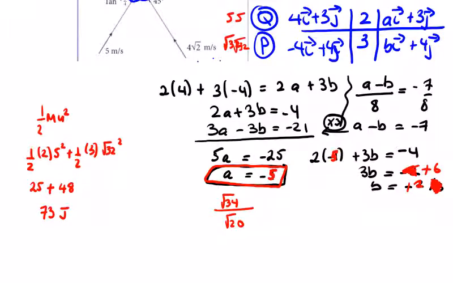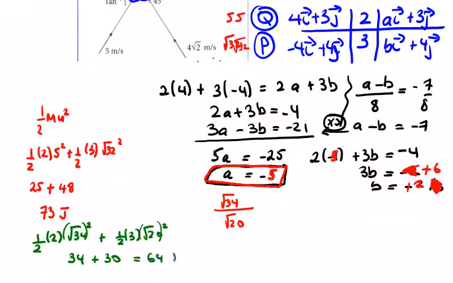And then afterwards we're going to have a half by 2 by the root 34 squared, which is just 34, plus a half by 3 by the root 20 squared. Put them in brackets. So we're going to get 1.5 times 20, which is 30. So that's 64 joules. So the loss is 73 minus 64, which is 9 joules.